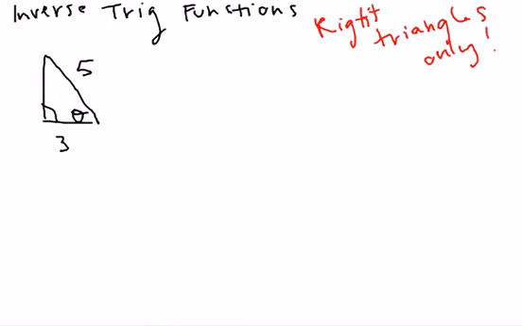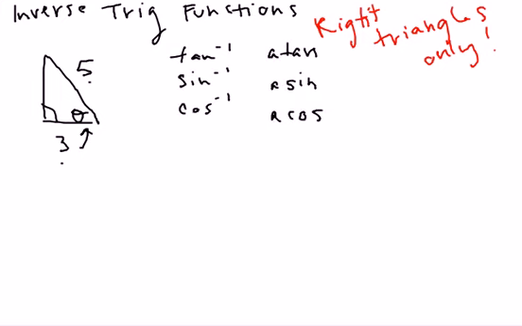Moving on. Alright, so next is inverse trig functions. Again, this is right triangles only. You'll be using inverse trig functions when you have enough numbers, but you do not know your theta. So what you have are tan inverse, sine inverse, cosine inverse.